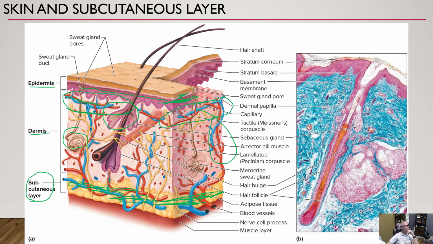See how we have these kind of indents into that epidermis. They don't go into it, but it's almost like that egg crate looking thing. Those are dermal papillae. Those little indentations pushing up into that epidermal layer. Those are your dermal papillae.